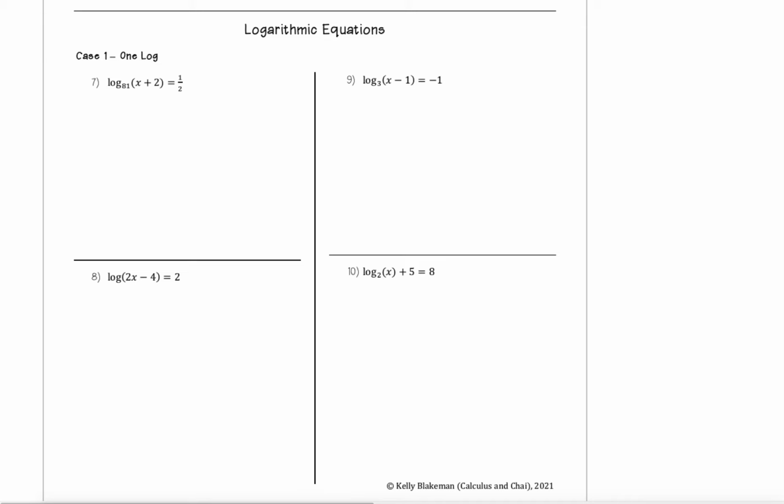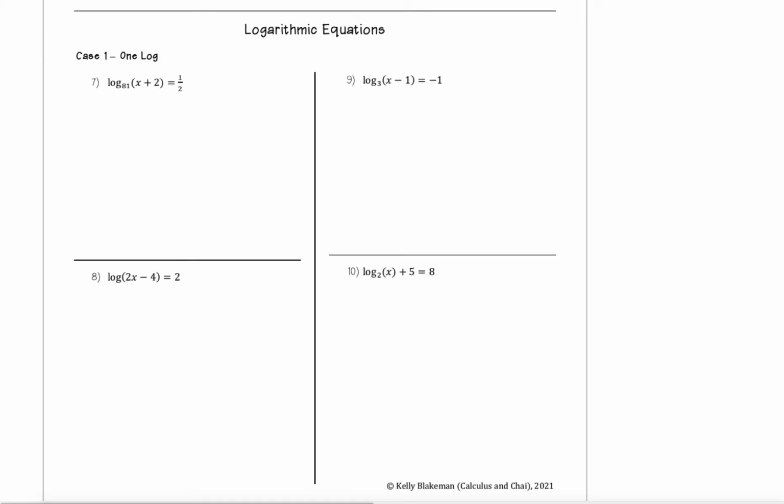Well, our goal is to get the x by itself, and right now it's the input to this log function. Well, we can't get rid of this x and take it outside of the log without getting rid of the log completely. And one way to get rid of a log expression or a log equation is to rewrite it in exponential form. So we're going to convert this from log form to exponential form.